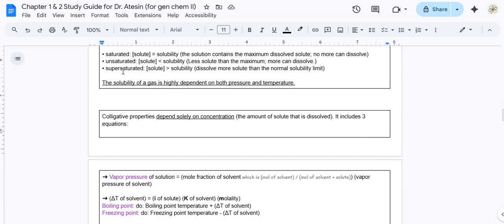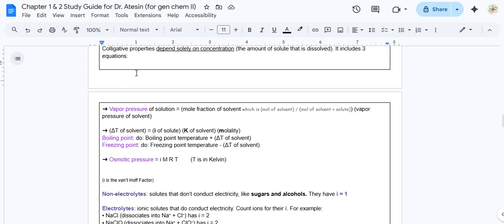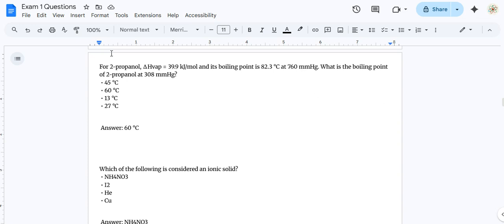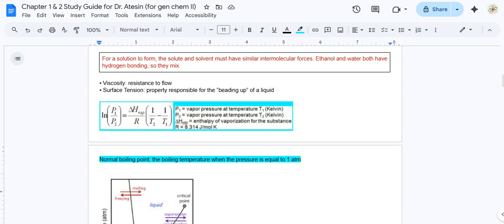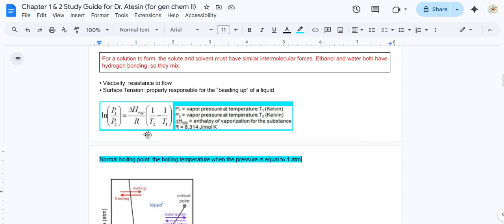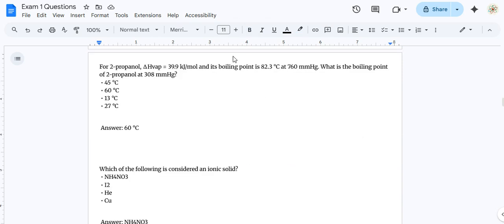Now the next part is colligative properties. Sorry, I forgot to add here: in these types of questions using this formula, if it says something at normal boiling point, then we use 1 atm for the pressure.